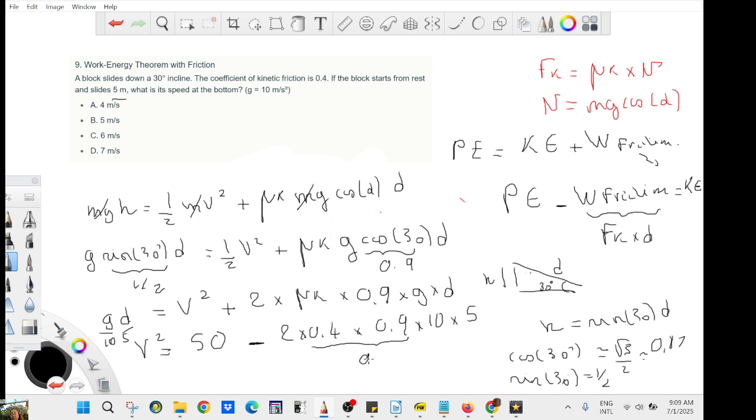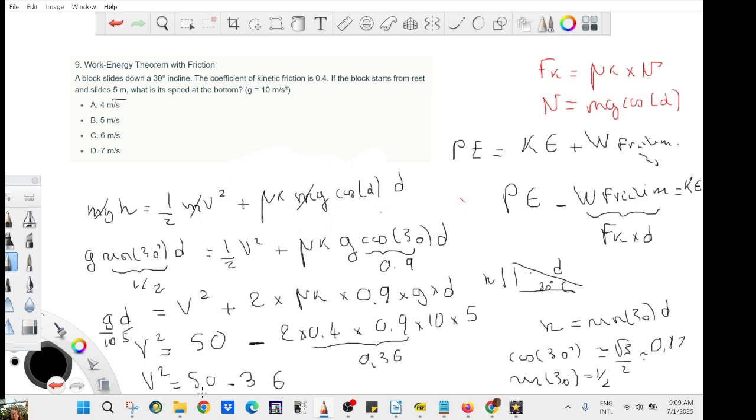So that's going to be 36, right? So 0.36. That you multiply by 10. So that's going to be 5 times 2 is 10. So you multiply that by 100. So that means v squared will be equal to 50 minus 36.